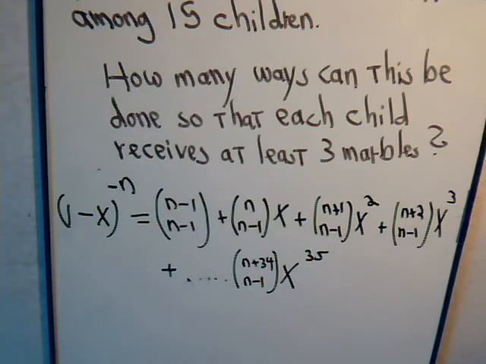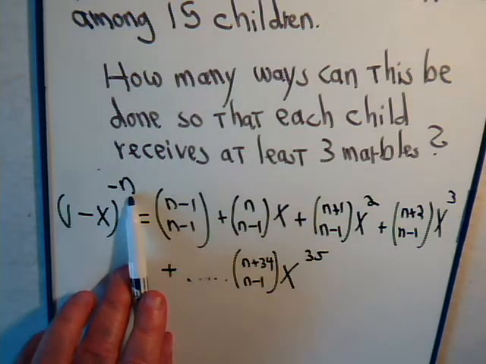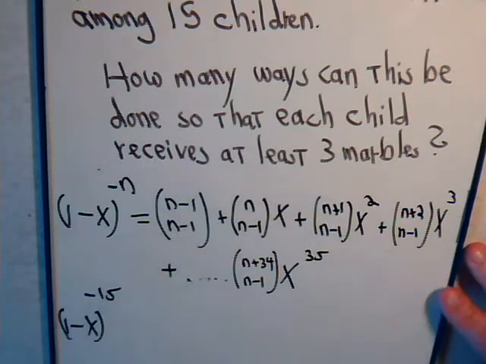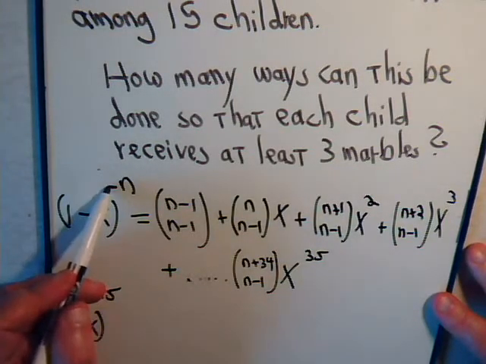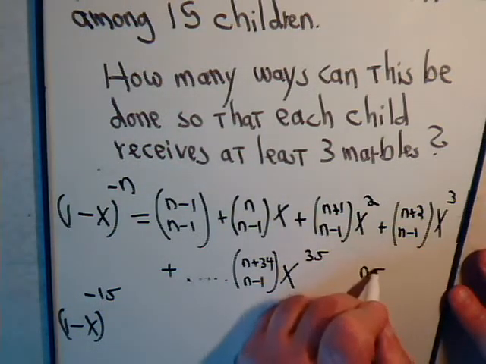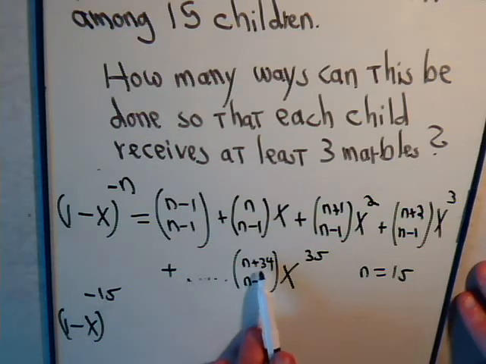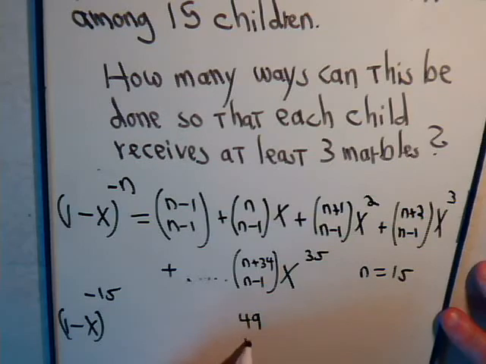And in this problem, n is equal to 15. We had 1 minus x to the minus 15. The minus sign is out here, so n equals 15. So here 15 plus 34 is 49, and 15 minus 1 is 14.